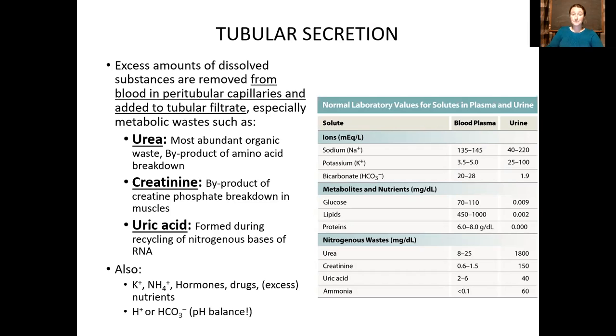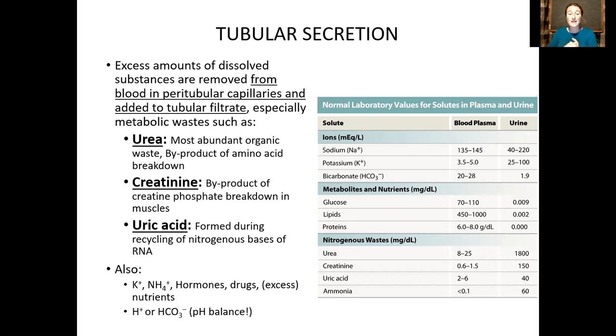Creatinine, remember this is a byproduct of breaking down creatine phosphate in your muscles. So that first burst of ready energy when you start contracting your muscles, this is the leftover process from that. Uric acid, right? Remember we talked about this literally our first day of class together.